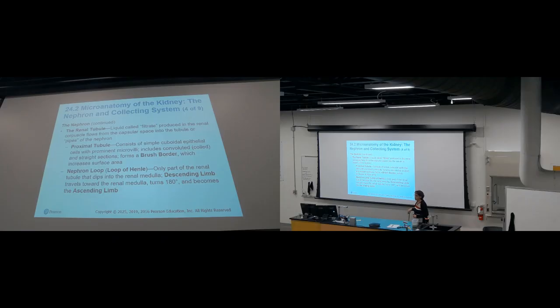Now, the second part will be the tubules. The tubules have different parts. They have one part that is close to the corpuscle that is called the PCT, proximal convoluted tubule. Then the proximal convoluted tubule goes down, forming a limb, and then it makes a U-shaped turn. That will be the loop of Henle, and then it has an ascending limb that goes up.